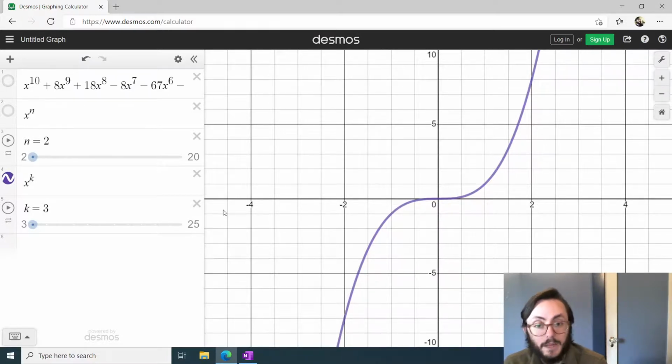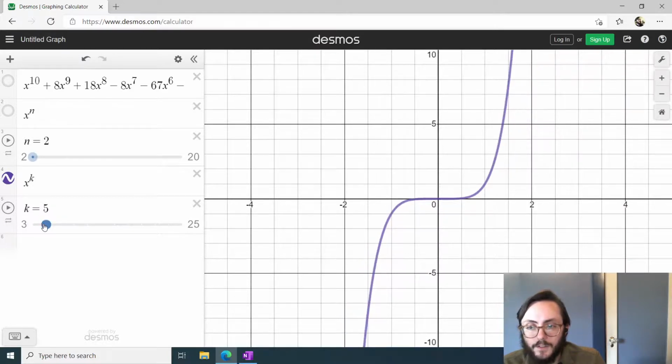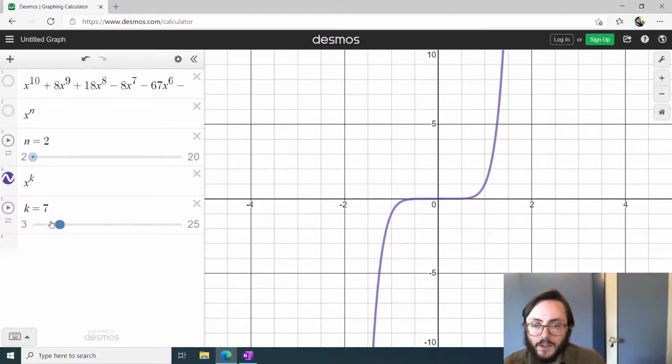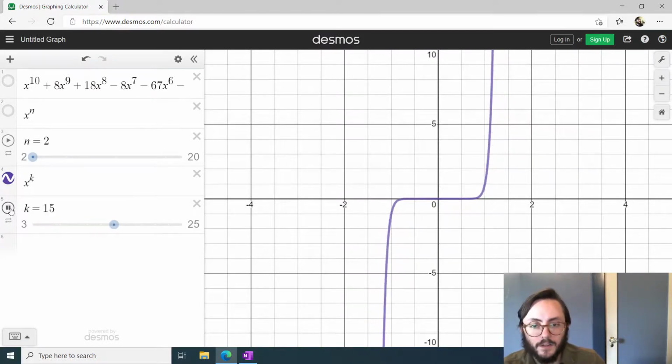And this is just a basic cubic function. If we do x to the 5th, a little steeper on the edges, a little flatter in the middle. 7th, it's the same thing. But it always passes through the root.